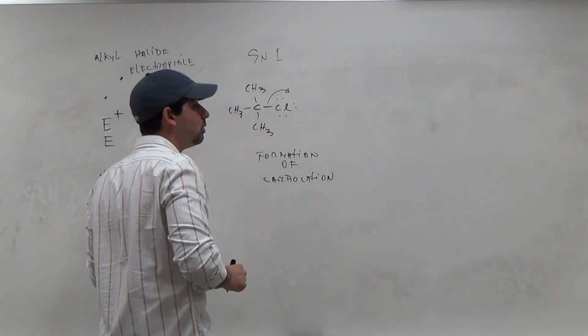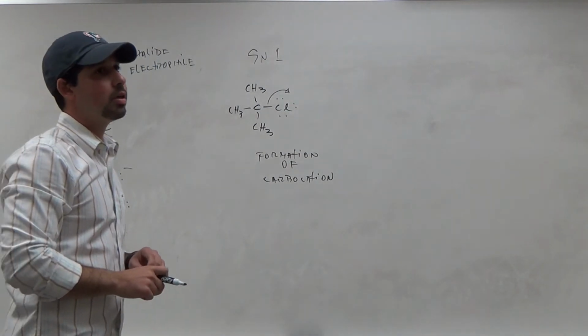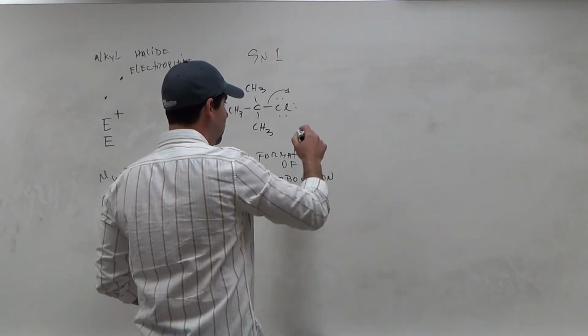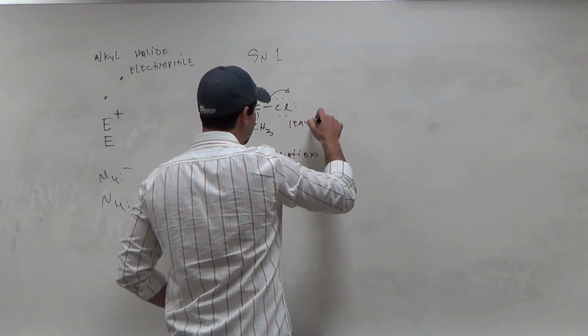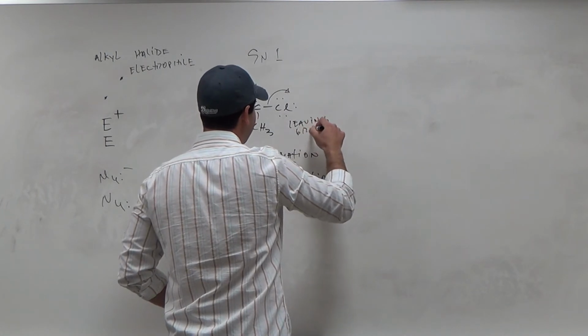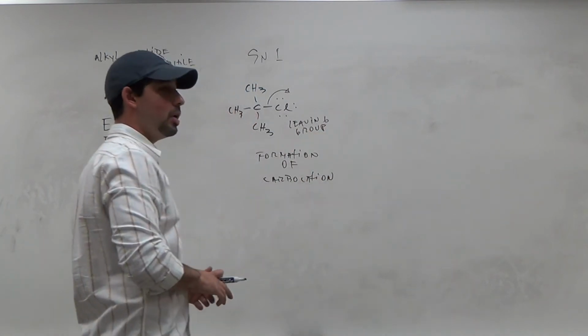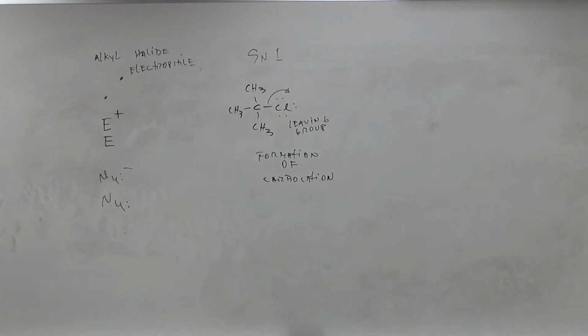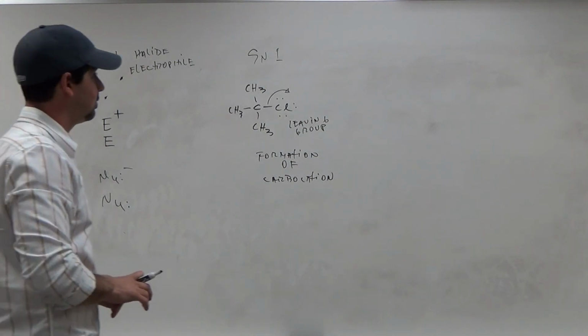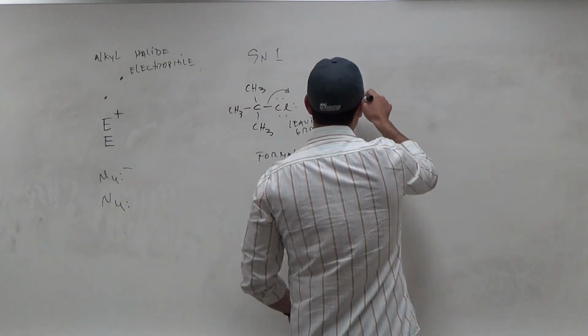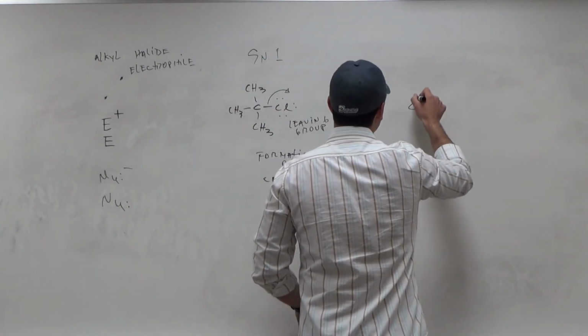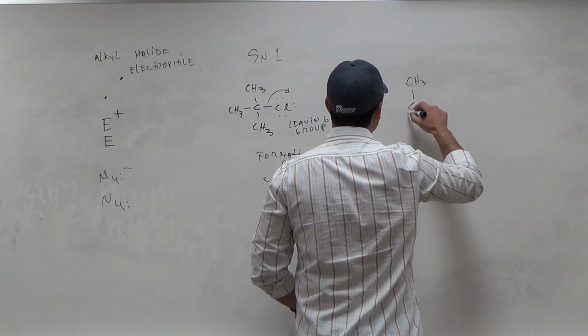Leaving group. The chlorine is the leaving group. It's a good leaving group too, because OH is not. It is a good leaving group because it is stable, it's nice and fluffy. So, what happens is you form this.